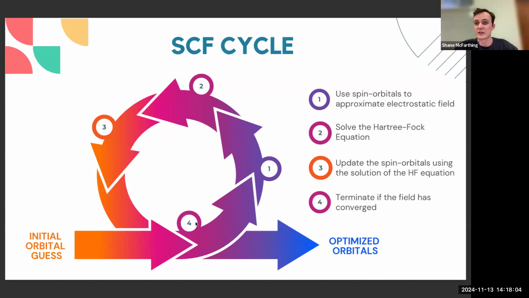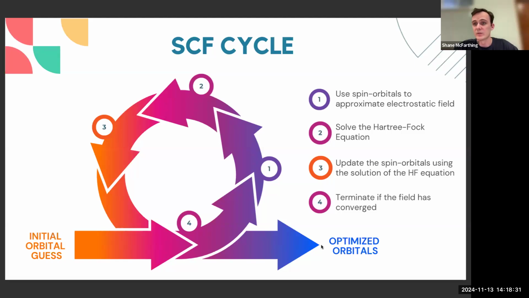So what essentially we'll be checking is either that the energy resulting from the solution of the equation is not changing anymore when we went from one cycle to the next, so there's a change less than some threshold that we can specify or is already set, or if the field itself is not changing. So we're changing the spin orbitals, but the field isn't changing. And what that would indicate is that we've now arrived at an optimized set of orbitals.